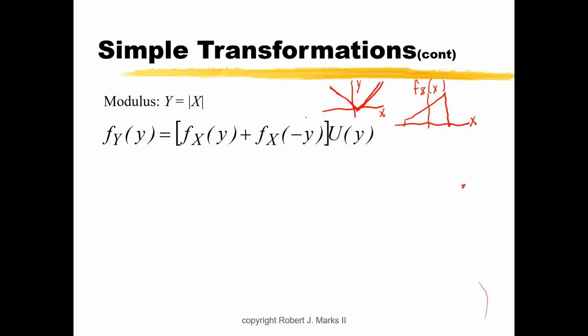Well, if we bounce it off of that nonlinearity, what we obtain for f sub y of y is exactly the same as the positive value, because the magnitude of a positive value is equal to the positive value. But the negative values become positive. So this portion of the curve is transposed and flipped around the y-axis.